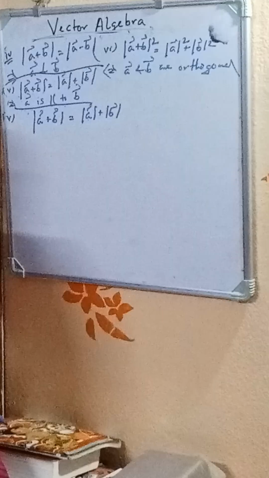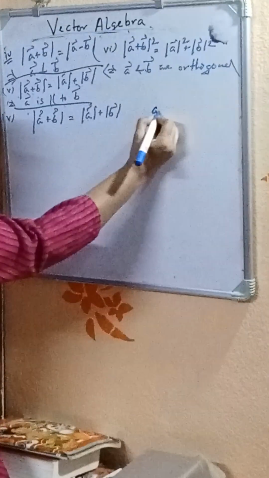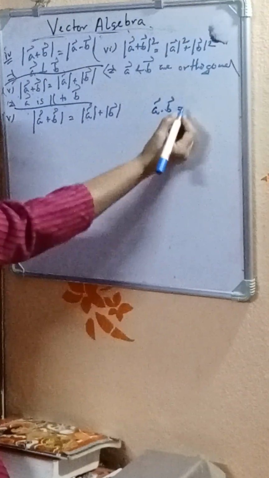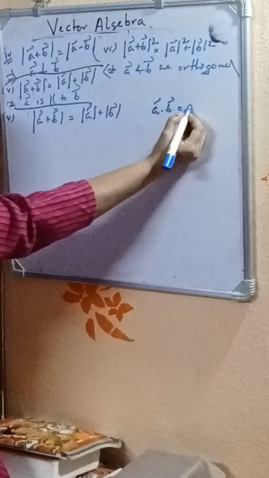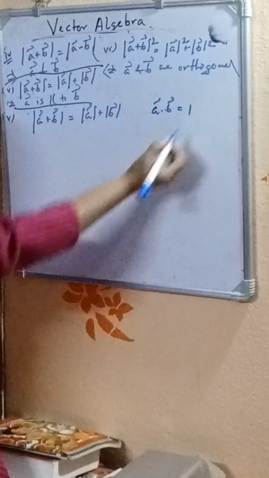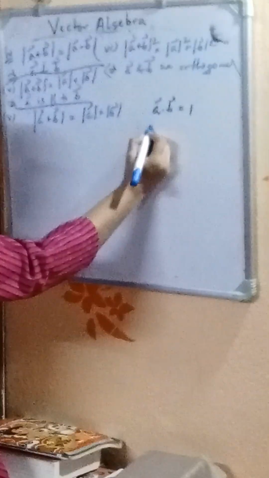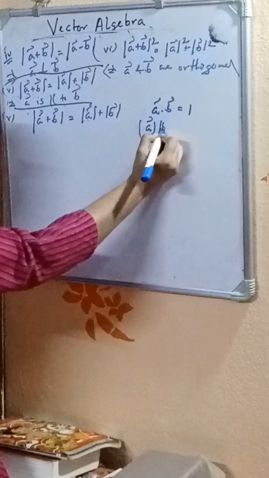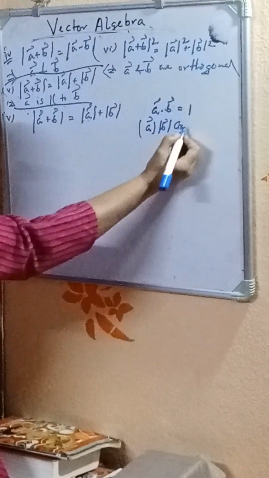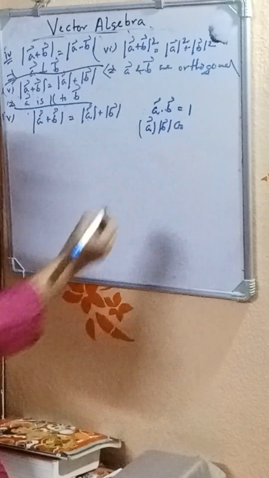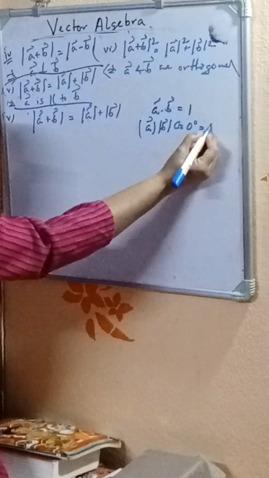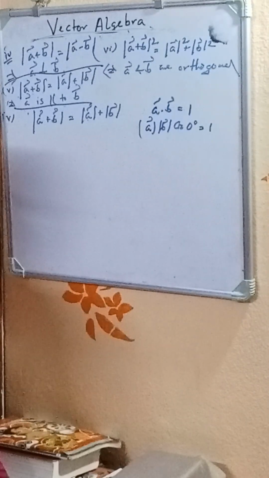When A vector is parallel to B vector, it means the angle between them is 0 degree.